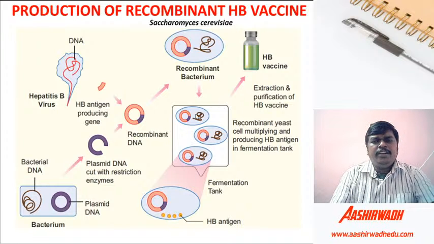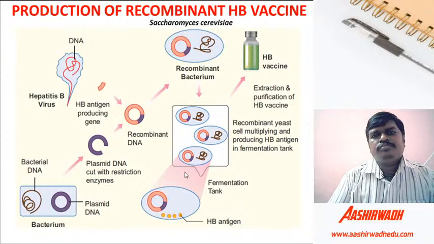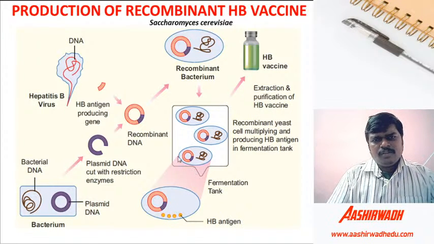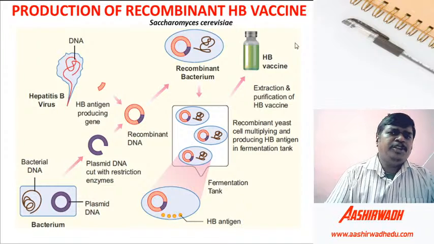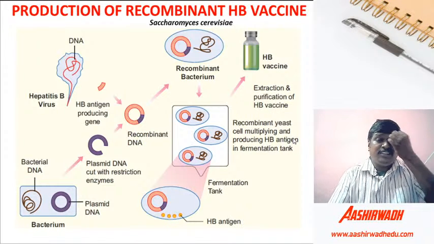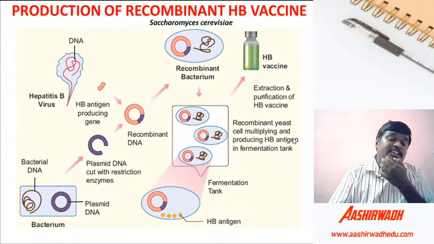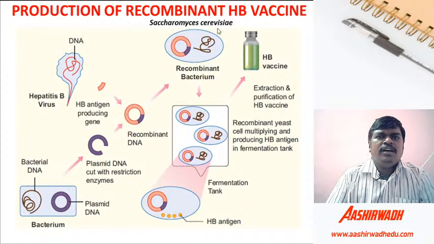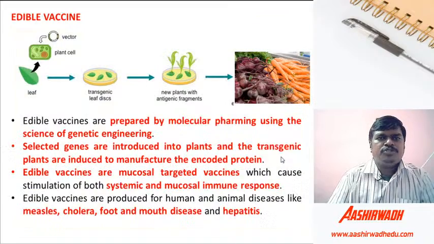From the host cell, they can produce the HB vaccine. These hepatitis B vaccines are used to prevent hepatitis disease. This is how recombinant HB vaccines are produced.